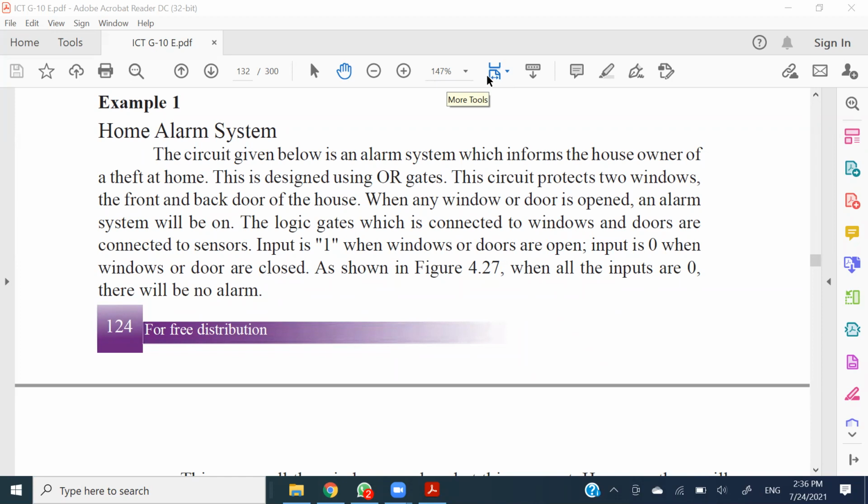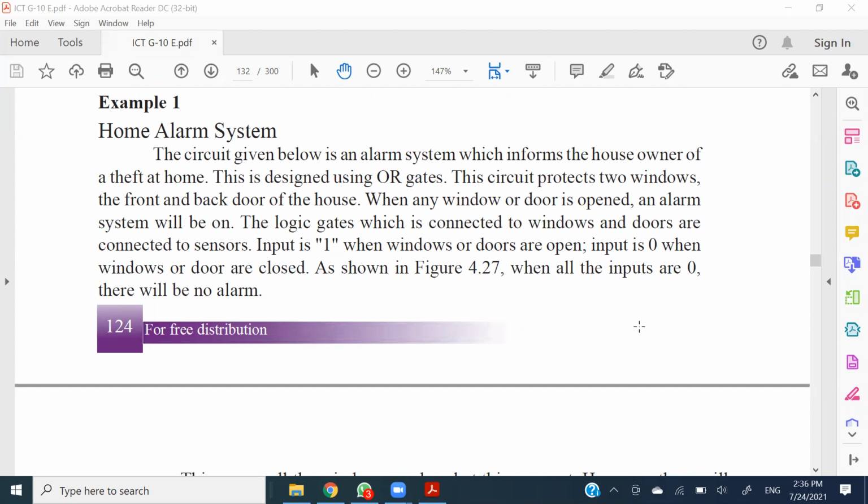So when you are given such a scenario, there is a way that you can approach creating this particular circuit. You have to read through the scenario and capture what is going to be the output of this circuit, and what are the things that control the output of this circuit.